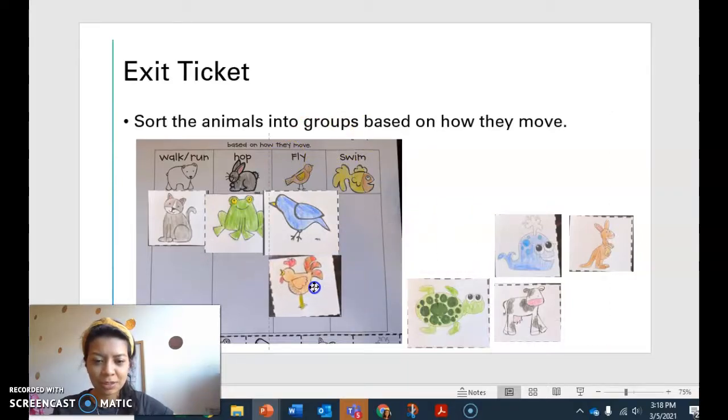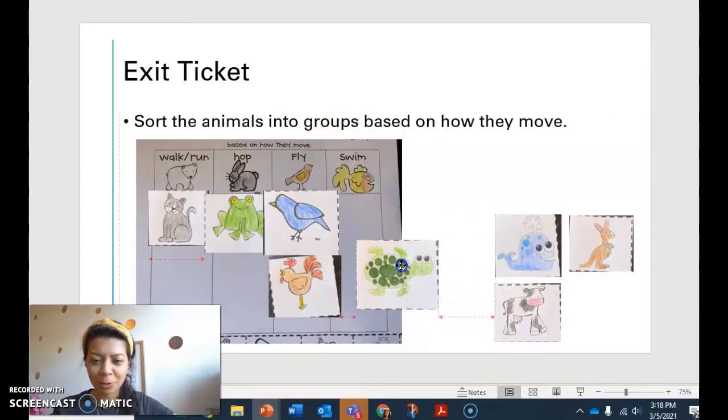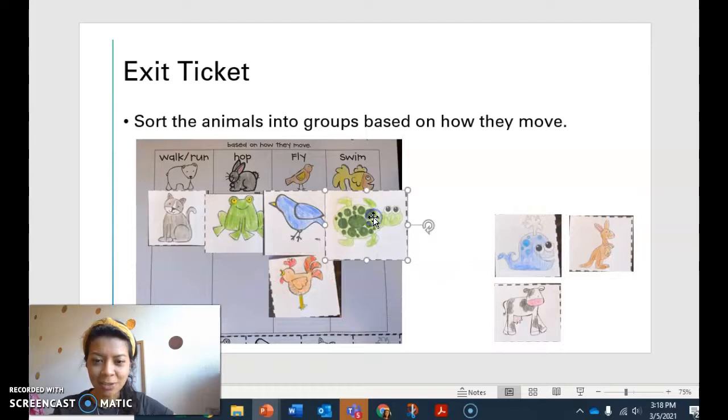These animals use their wings to fly. Our next picture here, we have a sea turtle. Do sea turtles walk, hop, fly, or swim in the ocean? If you said to swim, you're correct. Yes, sea turtles are able to swim.